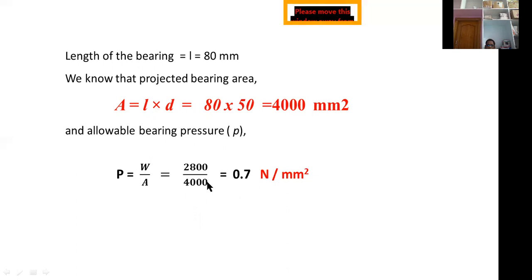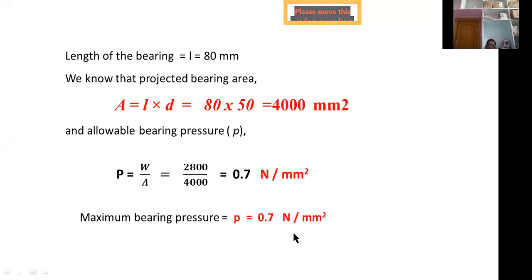You substitute this value, and finally you get the bearing pressure, that is bearing pressure equal to 0.7 Newton per mm square. But this bearing pressure is not necessary for this problem. I just found out this value. There is no need of this value.